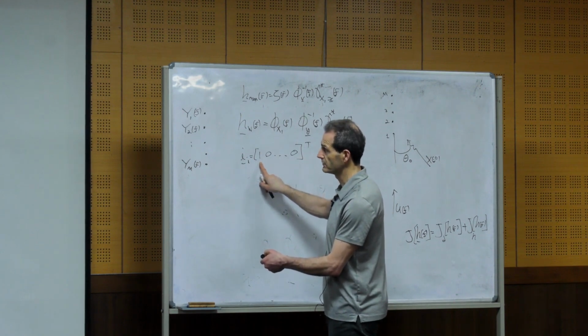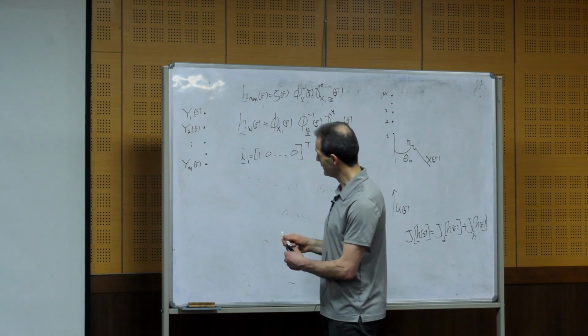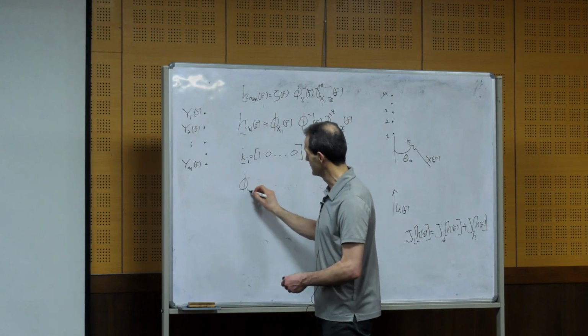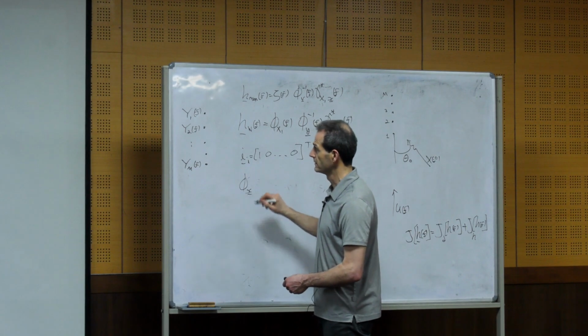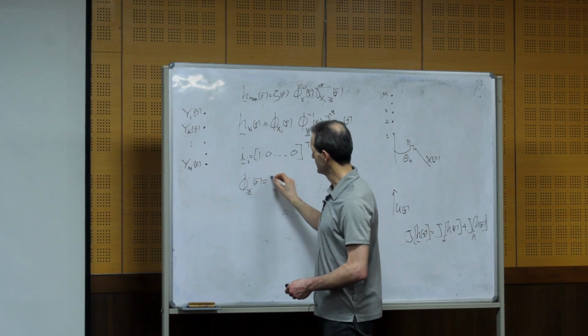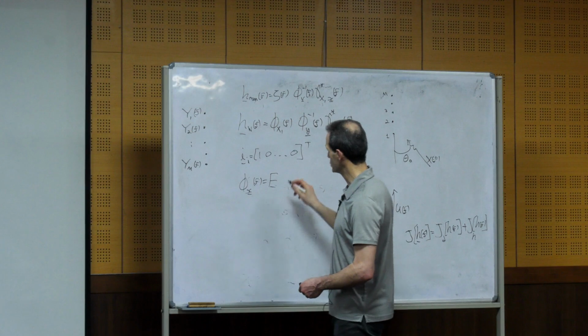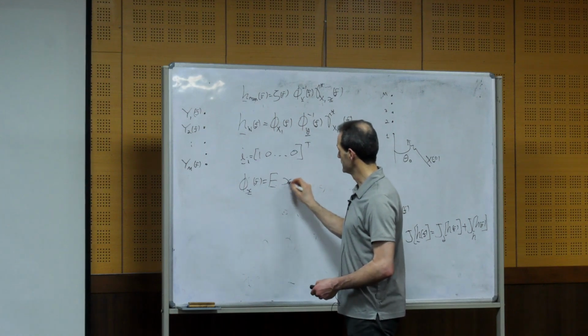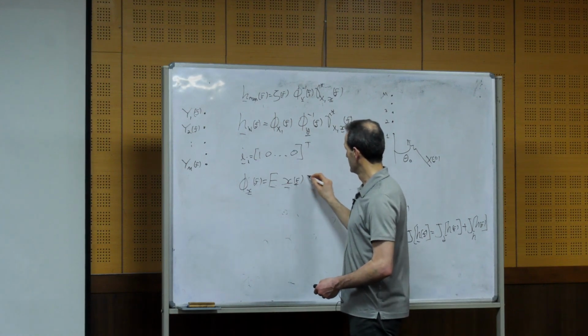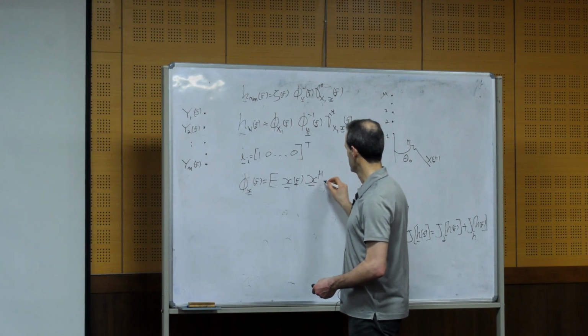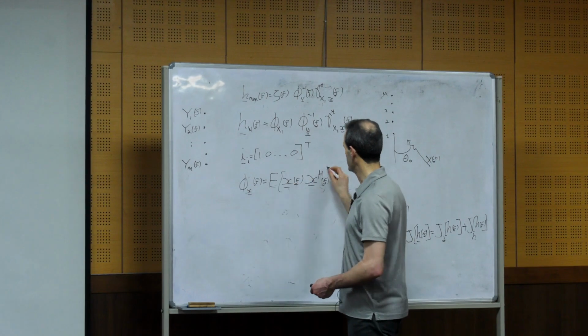This is very nice, because what is phi x? This correlation matrix equals the expectation of x multiplied with x h, f.